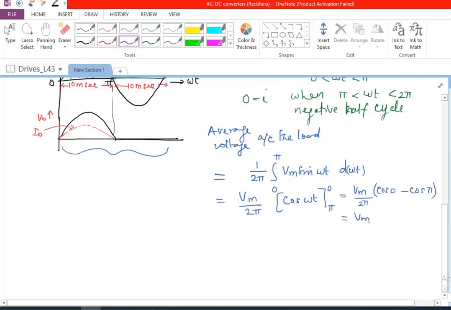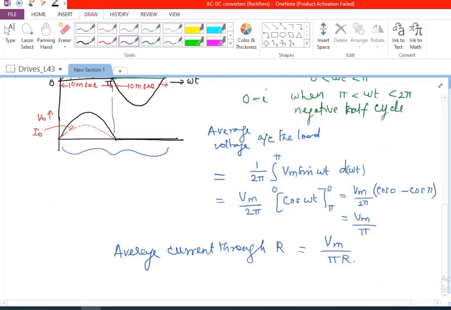So this will be Vm divided by pi. This will be the average voltage across the load. So average current through the load will be Vm divided by pi R. This will be the average current through the resistance.